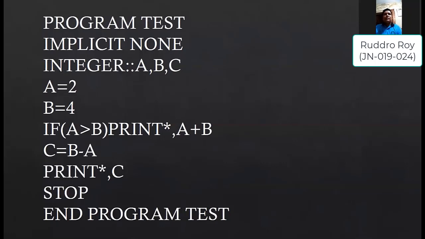The logical expression is not true because a is not greater than b, so the program skips this statement and executes after the logical if statement. Here the statement is c equals b minus a. So the output is 4 minus 2 is equal to 2. So here we print c equals 2.